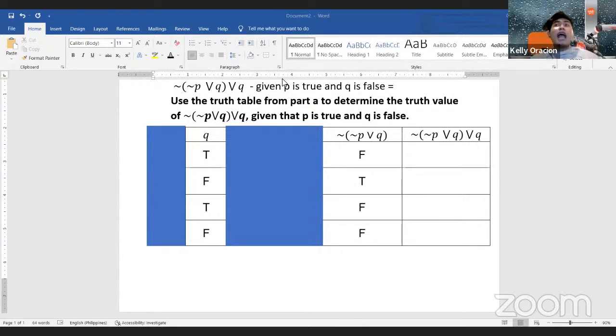Class, kailangan ninyo mag-chat para ma-practice.